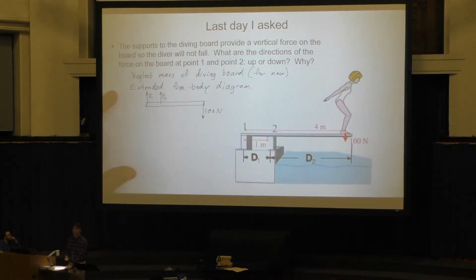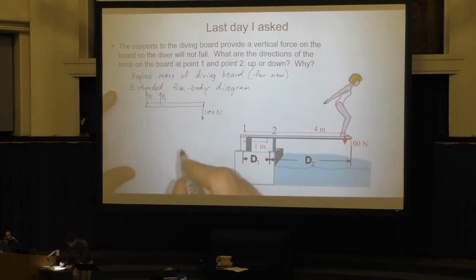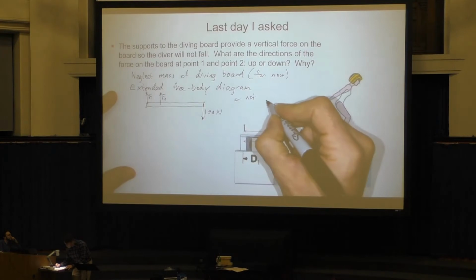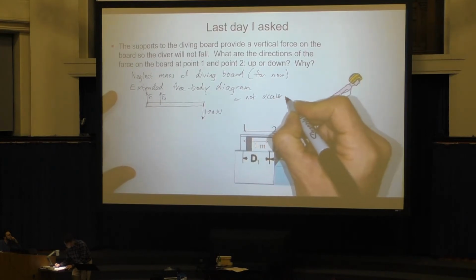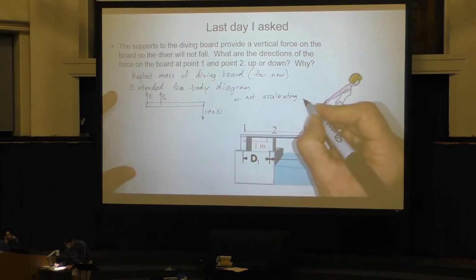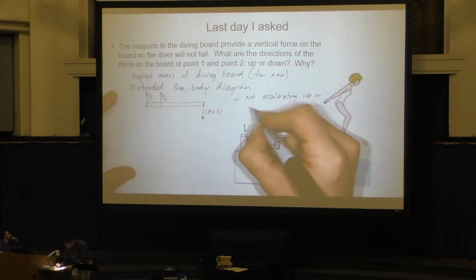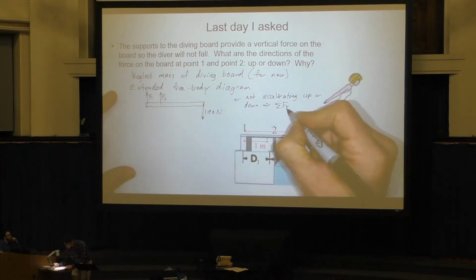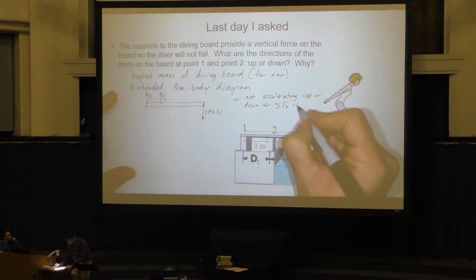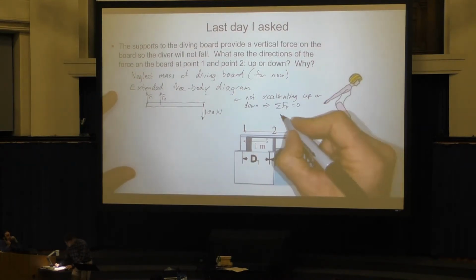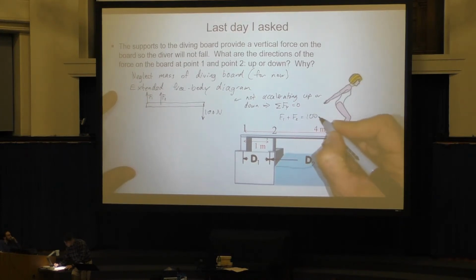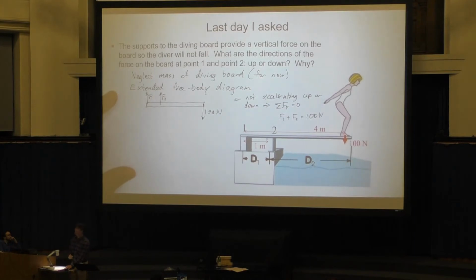And we still have to balance these forces, so it's not accelerating up or down. So the sum of the y components of the forces has to equal 0. So I think what has to happen is this F1 plus F2 has to equal 100 newtons for everything to balance.